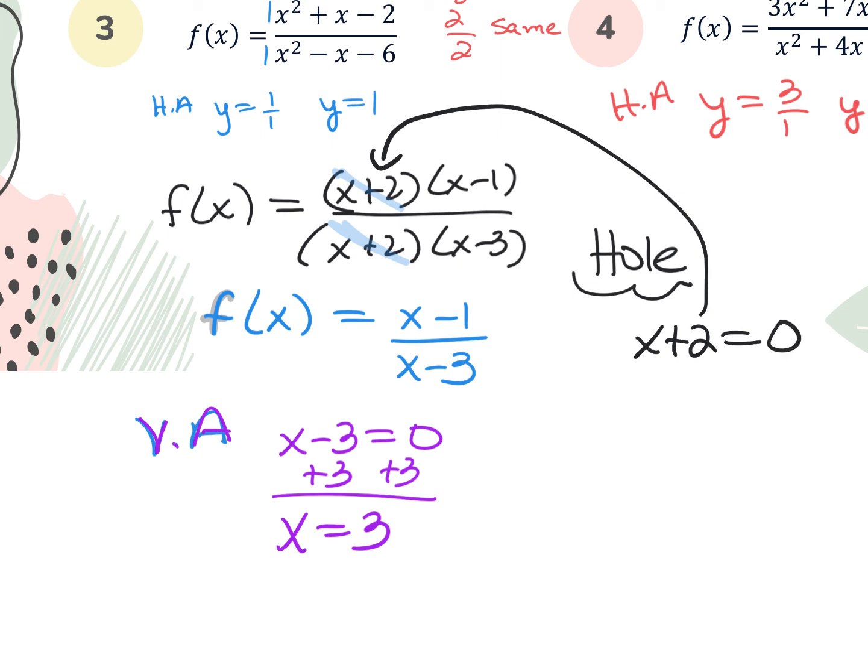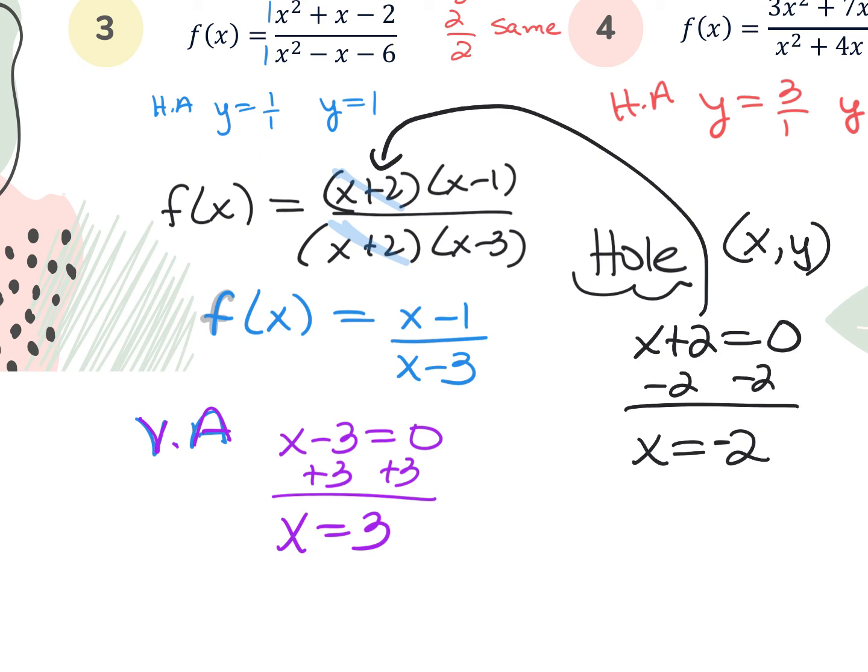Set it equal to 0. x equals minus 2. Now, remember, this hole is an ordered pair. By setting that denominator equal to 0, I've just found the x of the hole. I now have to find the y.